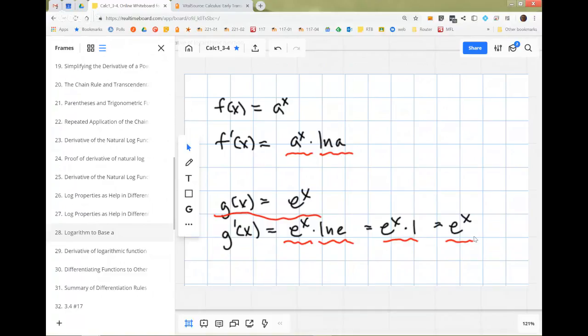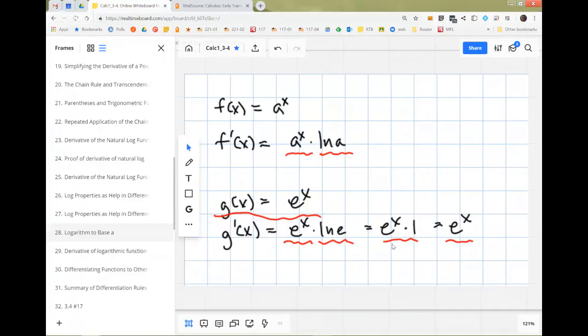So the derivative of any base to the x power is itself multiplied by the natural log of its base, and now you can see why the derivative of e to the x is just e to the x, because the natural log of its base is 1.